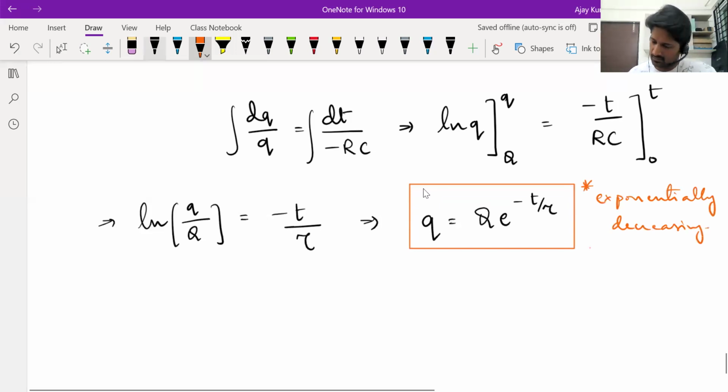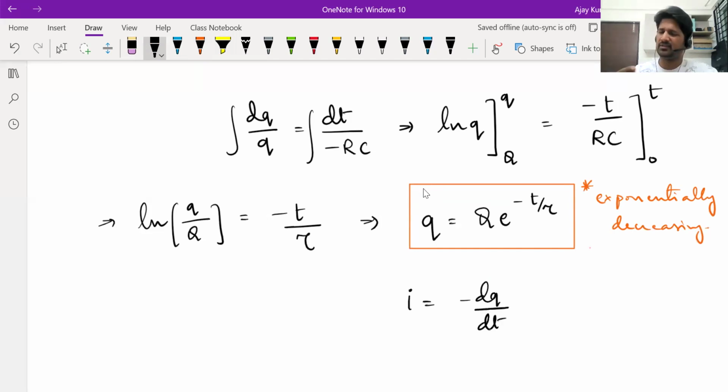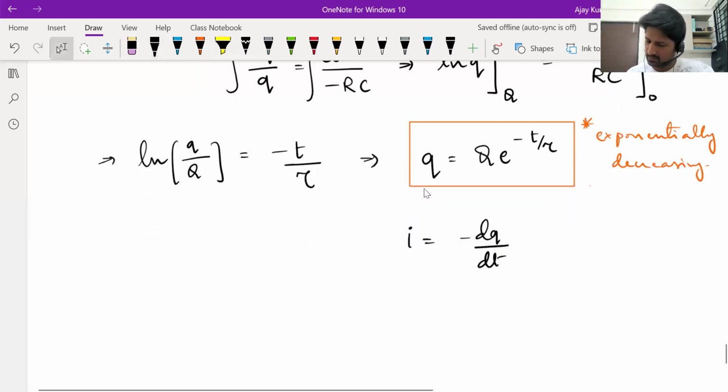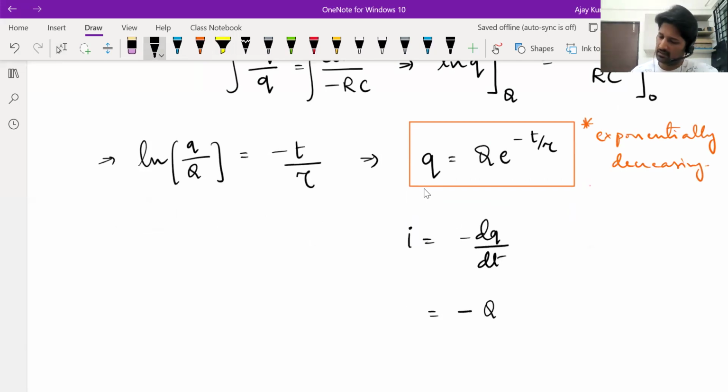And then we know that in this case, I is minus dq by dt. You do the differentiation, you'll get the current also as a function of time. How much does it become? Put the minus aside, differentiating this, capital Q is a constant. The derivative of e power minus t by tau is minus 1 by tau e power minus t by tau.